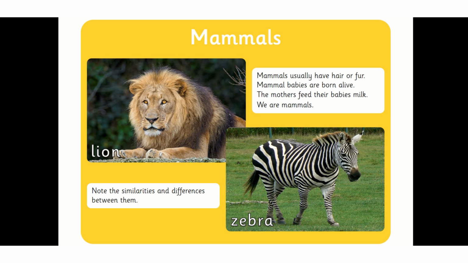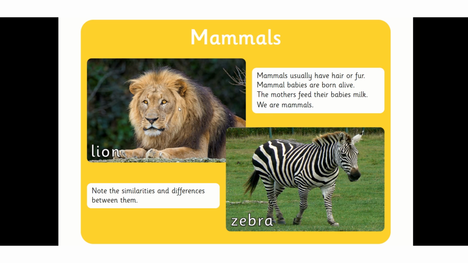When it's born, it's already a tiny version of what it will look like when it's an adult. The mothers feed their babies milk. We are mammals, so human beings are mammals. I think they're very different, aren't they?